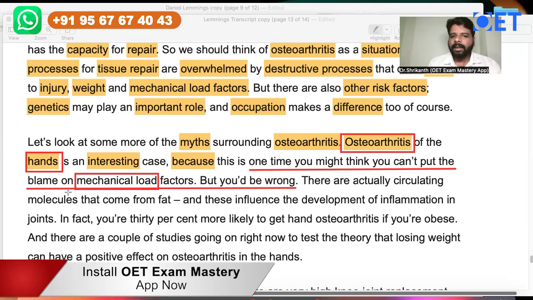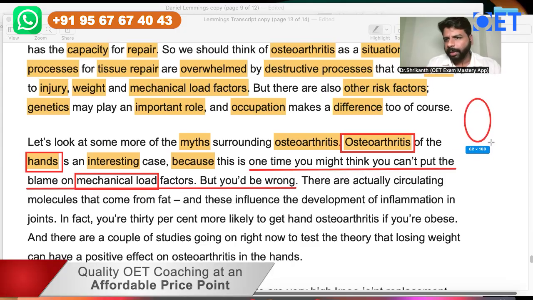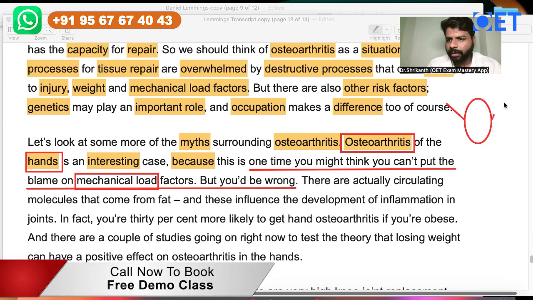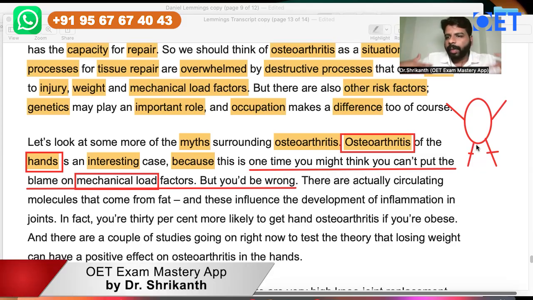So he's saying if we have an obese patient, this is very tough. Let me just draw over here. So we have an obese patient over here, and these are the hands of the obese patient. Now you see, the poor legs and the poor knees, these joints have to carry a lot of mechanical load.